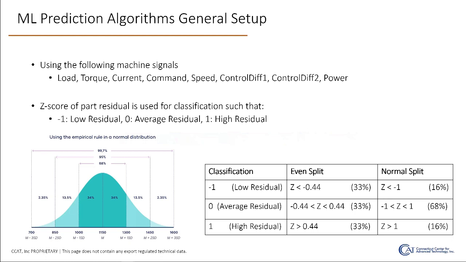We did an even split, which splits the Z distribution up evenly, so each section, a low, average, and high residual, contains 33% of the data. And then we also did a normal distribution split where it's 68% in the middle and 16% on the two fringes. This is just to see how robust it would be in the chance that you wanted to change how the data was being classified.